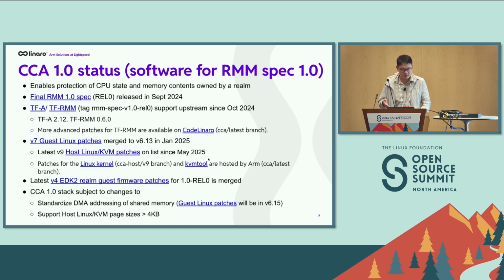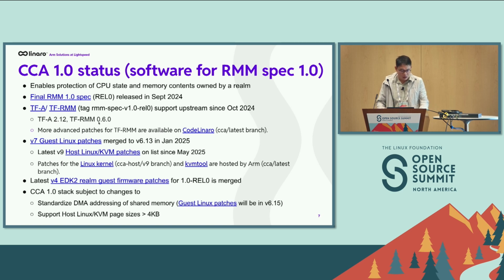The CCA spec was finally released in September 2024. The firmware is now totally upstreamed with TF-A 2.20 and RMM 0.6. We also have some new advanced features for RMM, which is maintained out of tree in the Linaro repo I listed here.